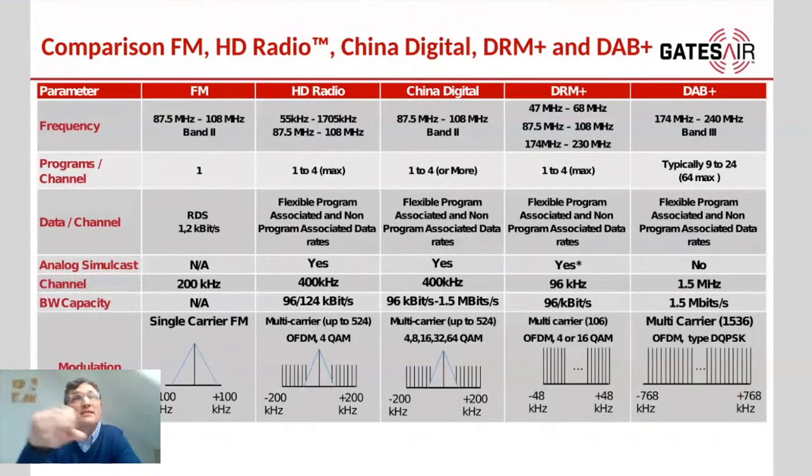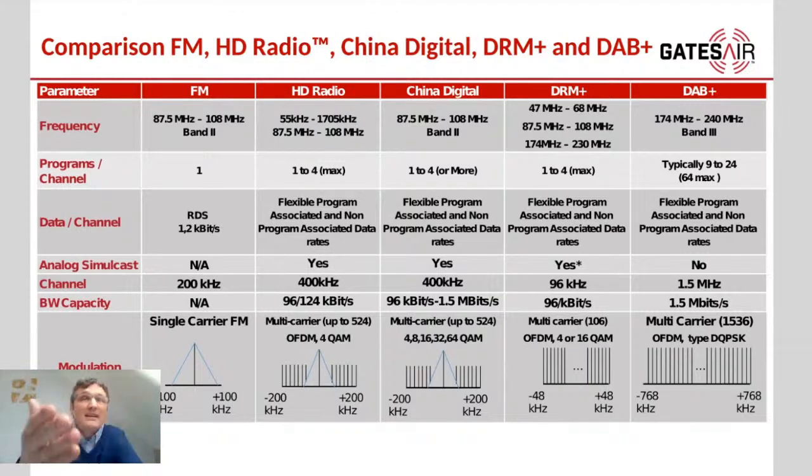So we really have to compare the same things, not talk about very low compression with four services in some bandwidth, and then DAB with 19 or 20 services with higher quality in a bigger bandwidth. Therefore probably comes this 3.5 times more efficient, which I think has no technical background.